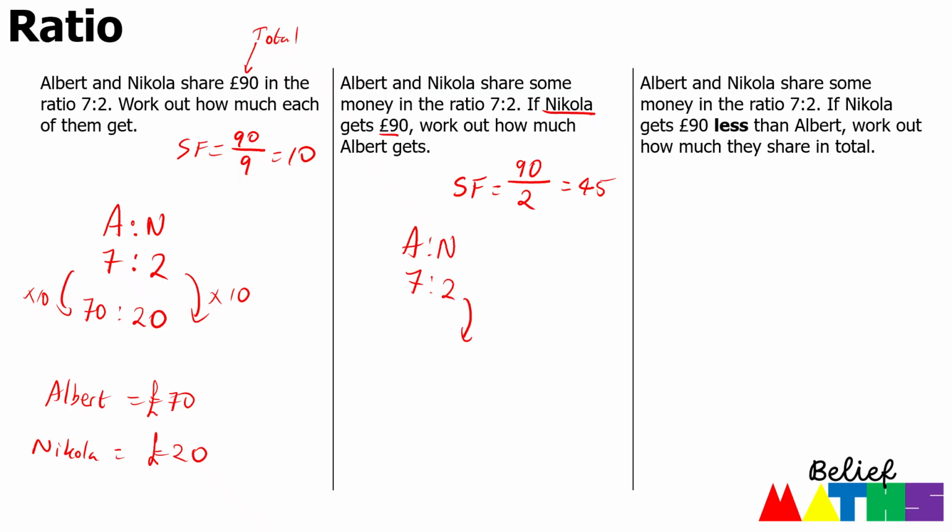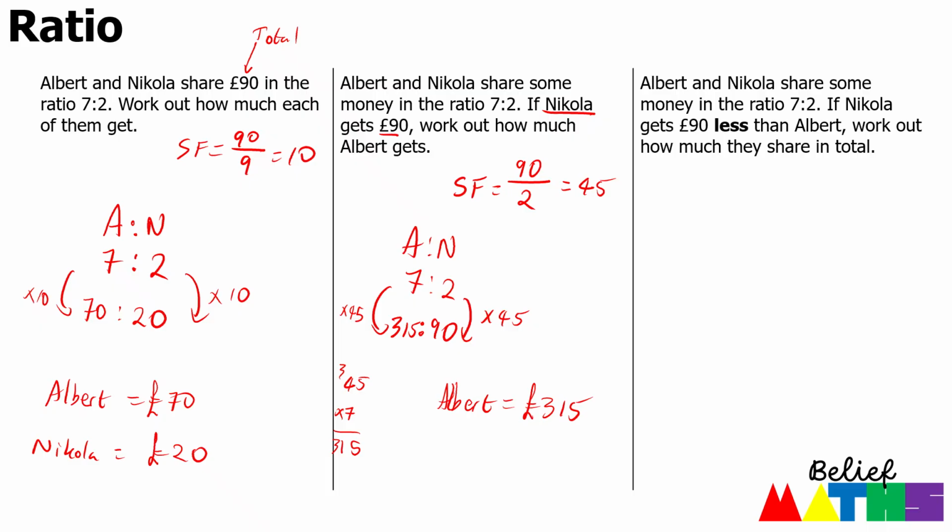So we can scale this up by multiplying by 45 and multiplying by 45, which gives us 90 for Nicola, and then for Albert we can just do a quick column method on the side, which is 45 times 7. 7 5s are 35, carry a 3, that's 28, that's 31. So you get 315. The question asks, how much did Albert get? So Albert is equal to £315.